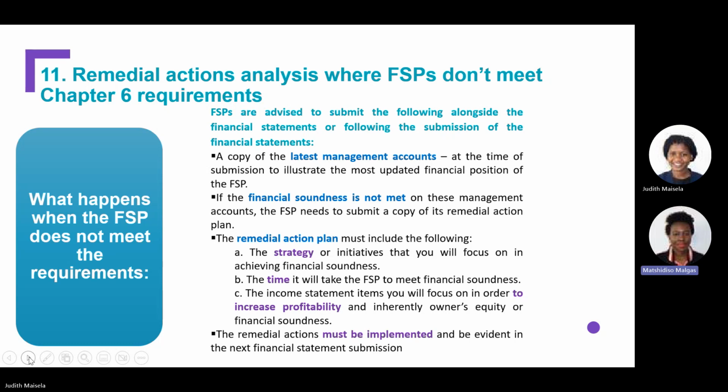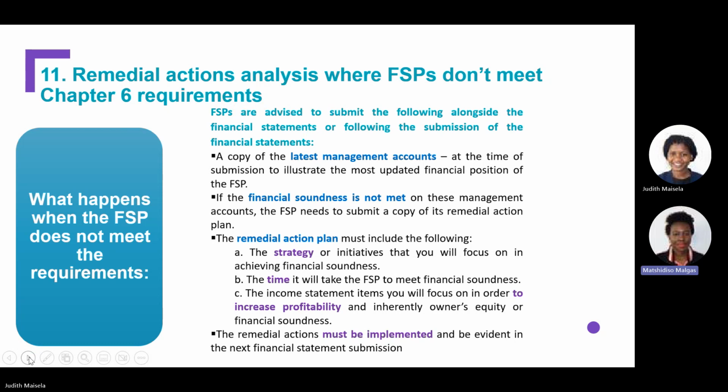So this is slide 11, which speaks about remedial action analysis where FSPs do not meet the Chapter 6 requirements. That is where FSPs do not meet the liquidity requirements. What should happen when FSPs do not meet the liquidity requirement?